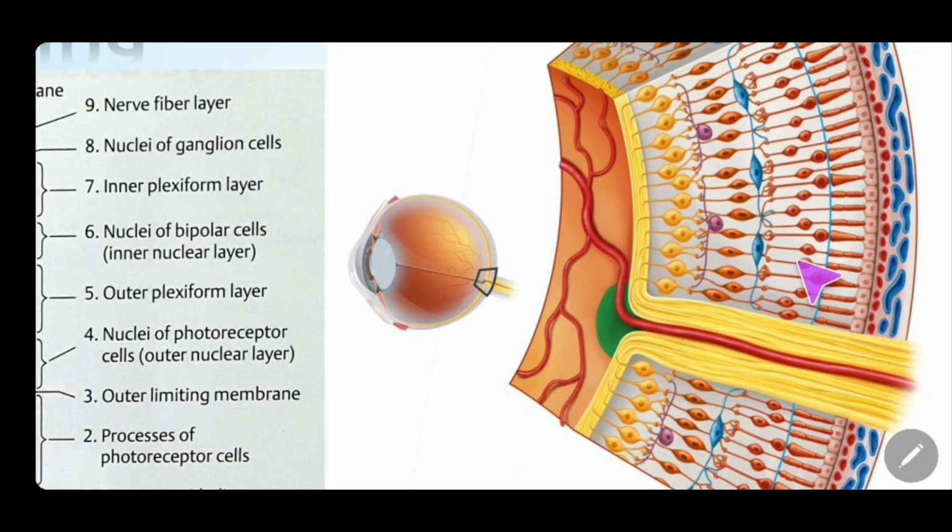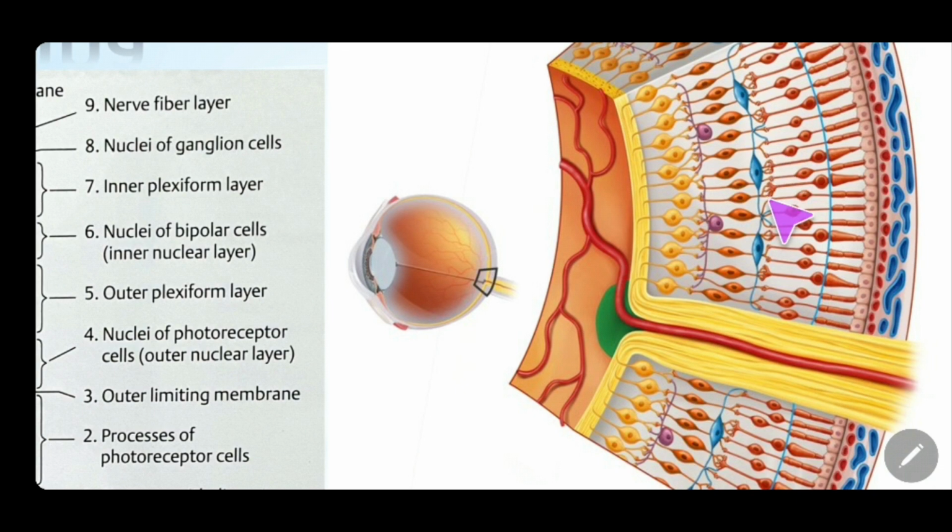Now the fourth layer is this one. These are the cell bodies of the rods and cones, and rods and cones are nothing but modified peripheral processes of these cells of the outer nuclear layer. Now these cells have their axons directed inside, and these axons synapse with the dendrites of the next cells, the bipolar cells.